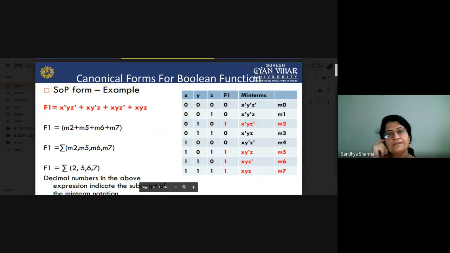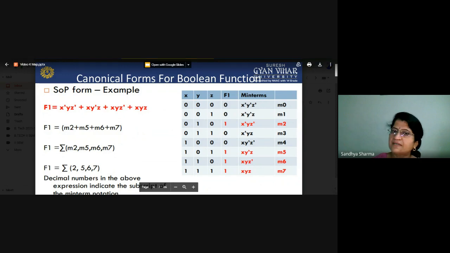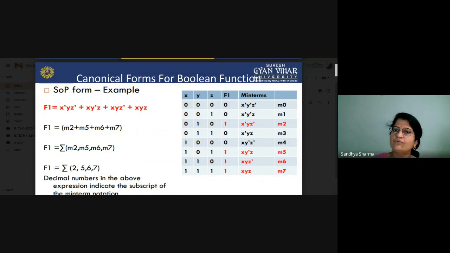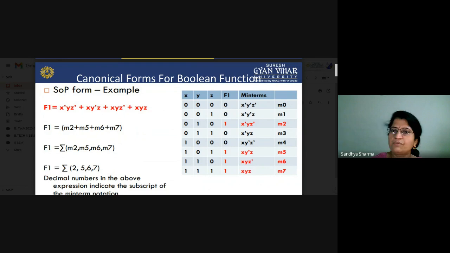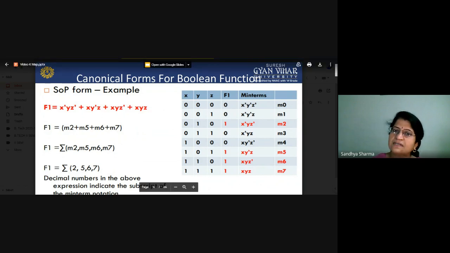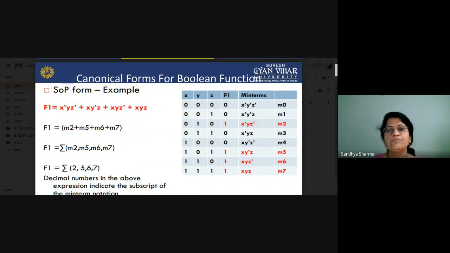How can you write these terms? We have x, y and z. For m2, the combination is 0 1 0, so you can write it as x complement, y and z complement. The variable indicated as 1 is written as the original variable, and the one indicated as 0 is written as the complement of that particular variable.